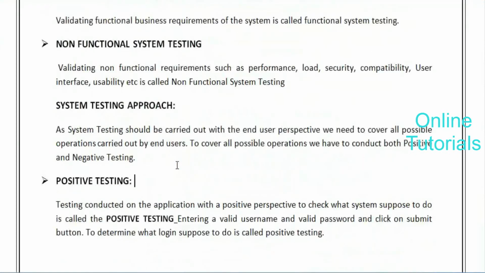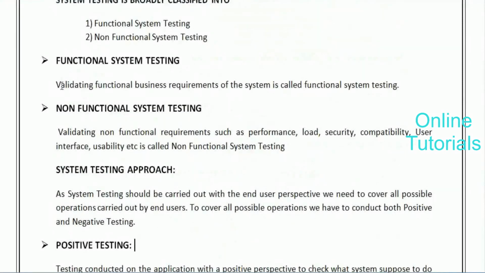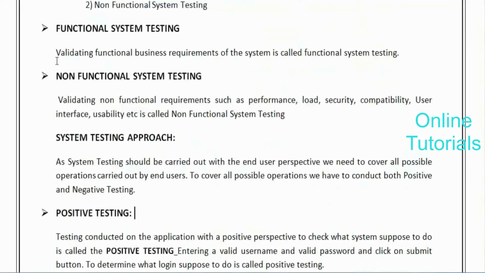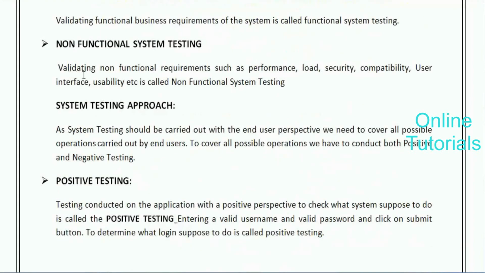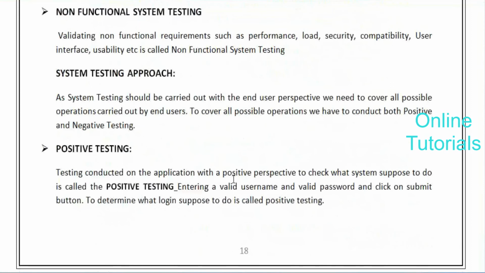Next, in non-functional system testing, the definitions come from the definitions point of view. System testing is validating functionality and business requirements, and non-functional testing is validating non-functionalities like performance and load, security, compatibility and so on. In system testing, we have two ways to test any functionality: positive testing and negative testing.